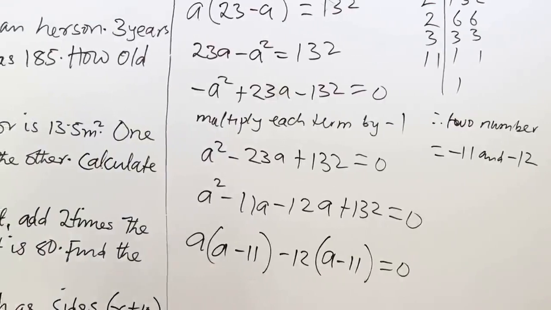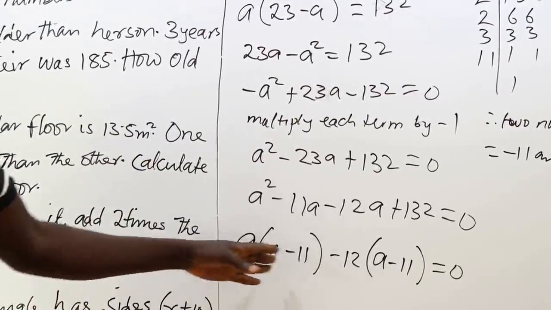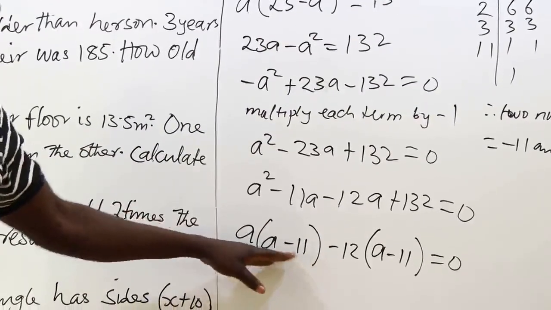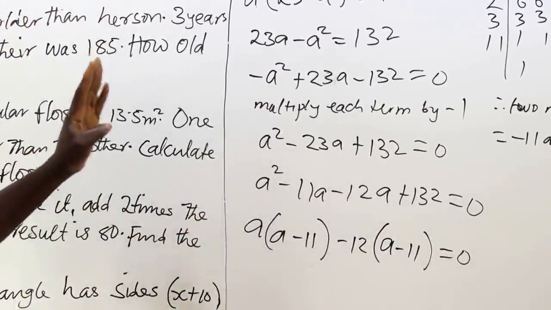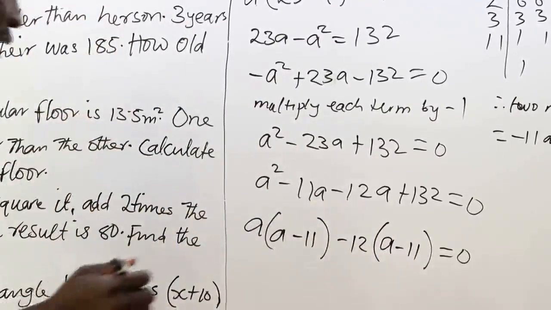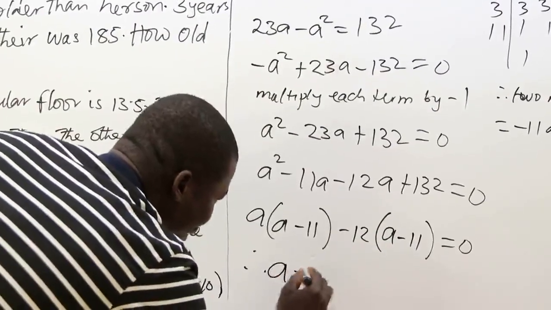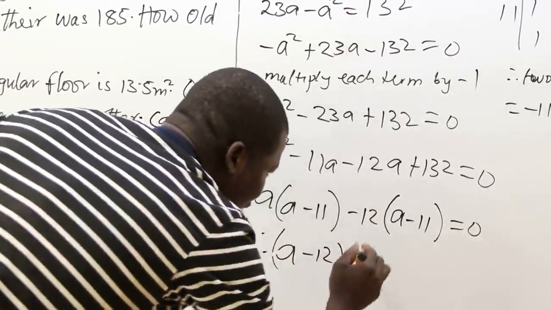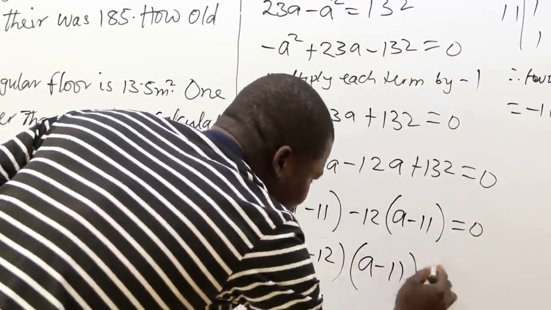In solving quadratic equations that involve factorization, the two brackets must be the same. You discover that this one is 11 minus a and 11 minus a. So we take one of the brackets, and the one outside the bracket. Therefore, we have a minus 12, open another bracket, a minus 11, equals 0.